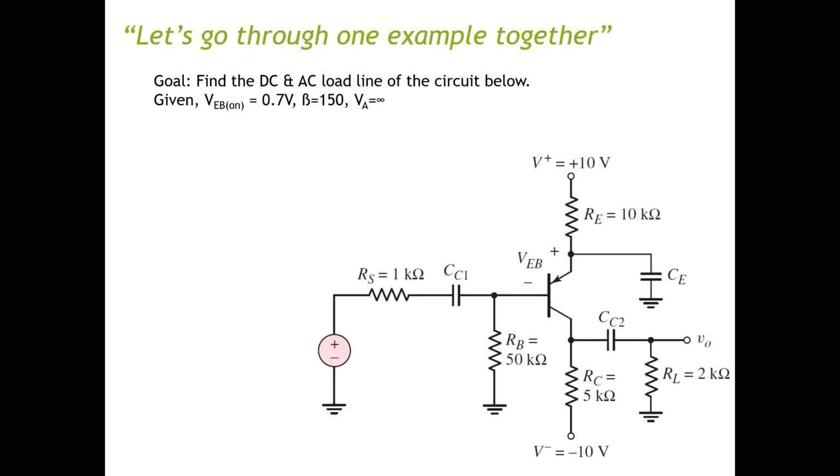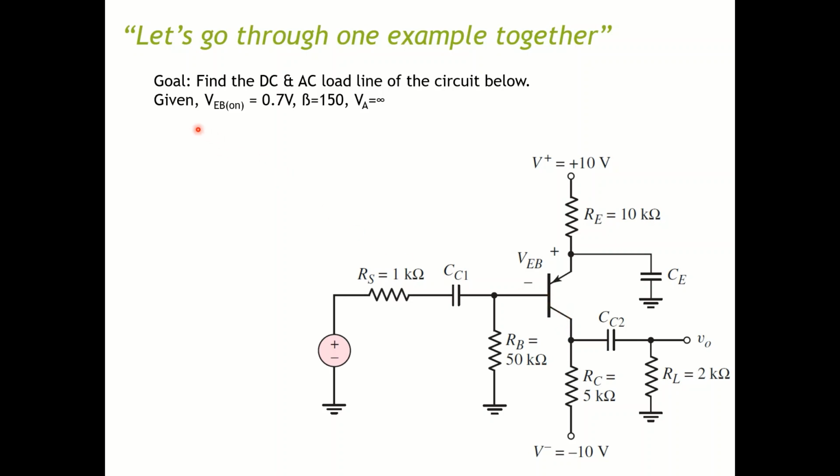Let's work through one example together. So we have a circuit in here, and what I want you to do is find both the DC and the AC load line for this circuit. So let's take a look to see what we have. First of all, you look in the middle, you can see your transistor in here, and now you're working with a PNP.